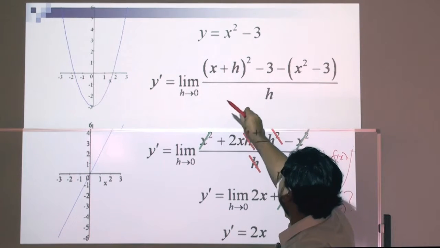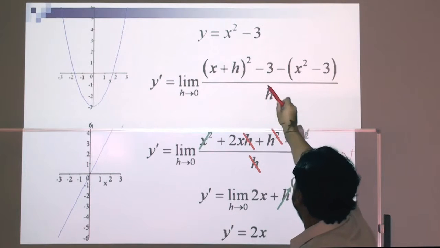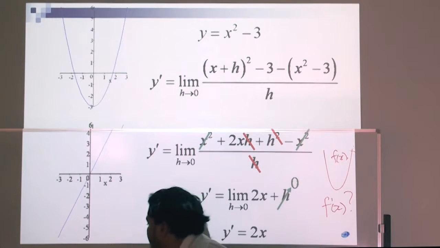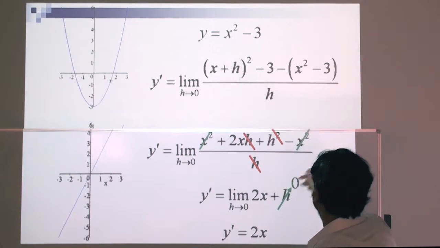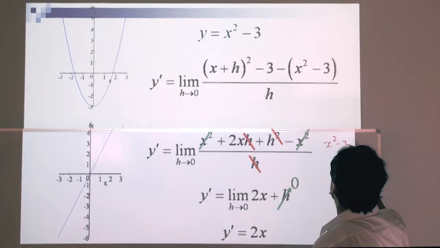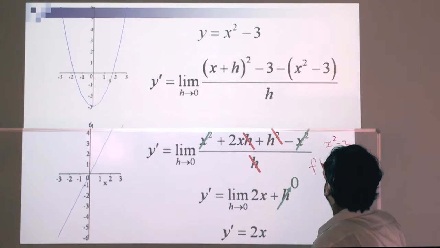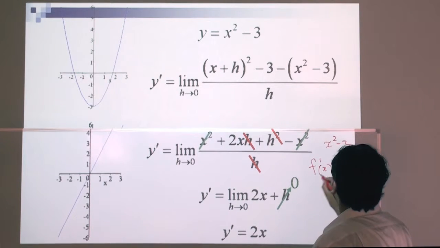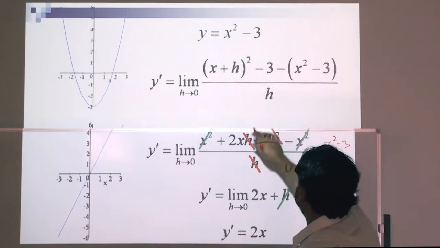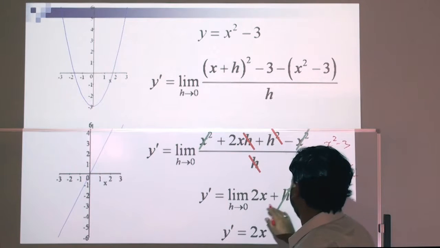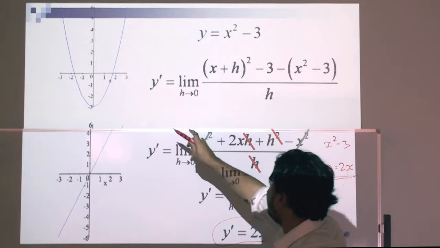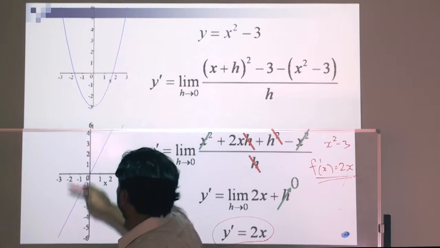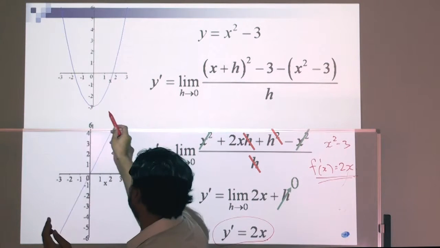So you can use the derivative formula, and you find out that the derivative of x squared minus 3 is, take that 2, put it there, 2x. As simple as that. Or you can use this formula here, like we did earlier. Therefore, for any value of x, all you have to do is multiply by 2.